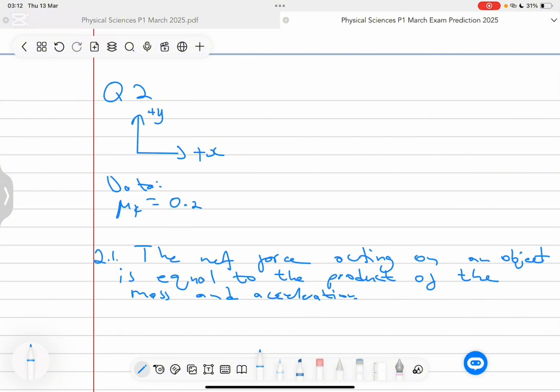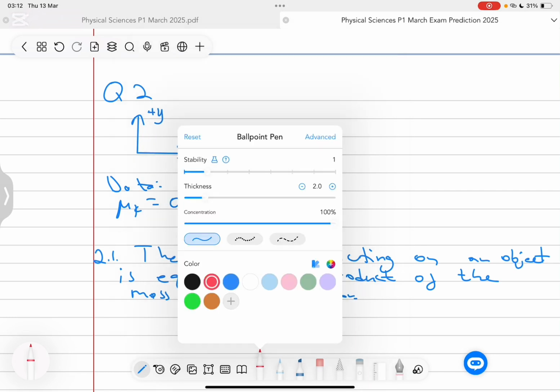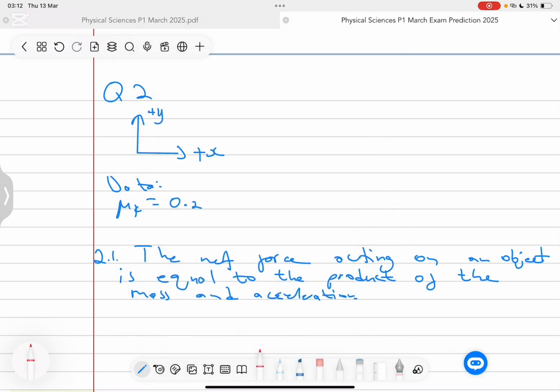I will choose to go with this law because it's really relevant to this problem. However, there are other ways in which this law can be stated. One can state it in a rather different way, where you say that when a net force acts on an object, it causes the object to accelerate. The acceleration of the object is directly proportional to the net force and inversely proportional to its mass.